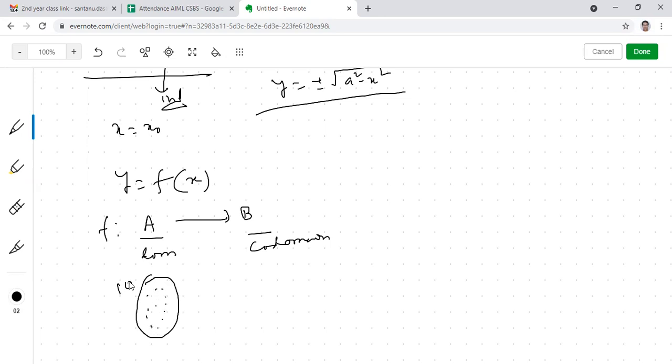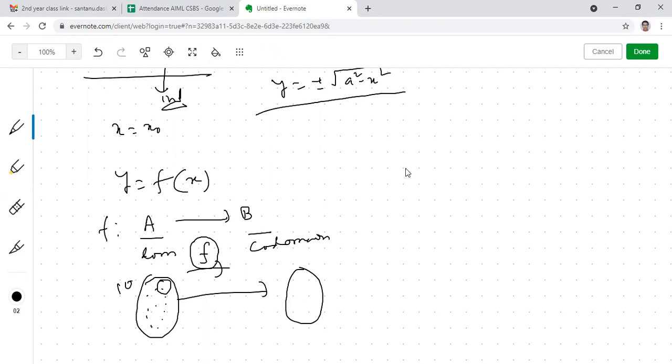While defining this function, it should provide the value corresponding to each of the 10 points, not for 9 points or 8 points. The function should be defined on every point in the domain, and the functional value will lie in the codomain. But if the function is not defined at a particular value, then this cannot be the domain for this function. That means the function must provide some output corresponding to each and every input that the domain has.